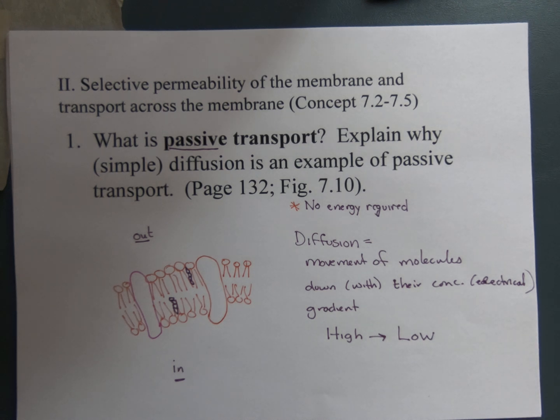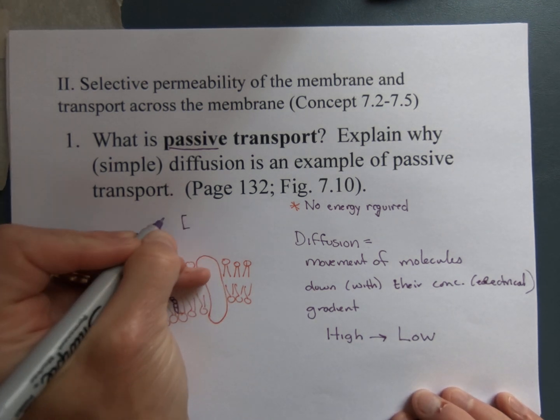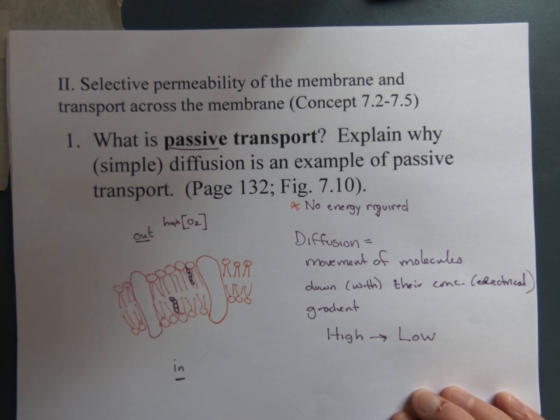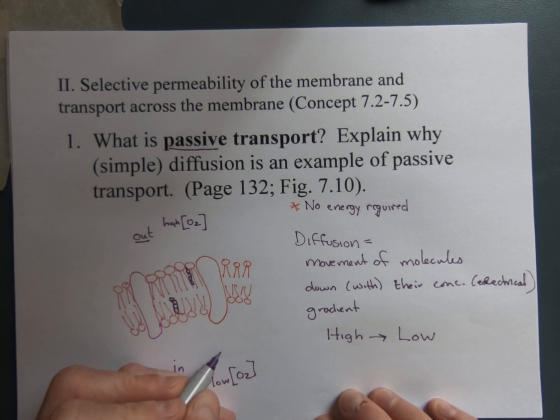We're interested in diffusion across membranes, and some molecules can simply diffuse directly across the membrane. I call that simple diffusion. So some molecules can diffuse across the membrane. What kinds? Well, what if we have a high concentration of oxygen outside of this membrane and a low concentration of oxygen inside the membrane?